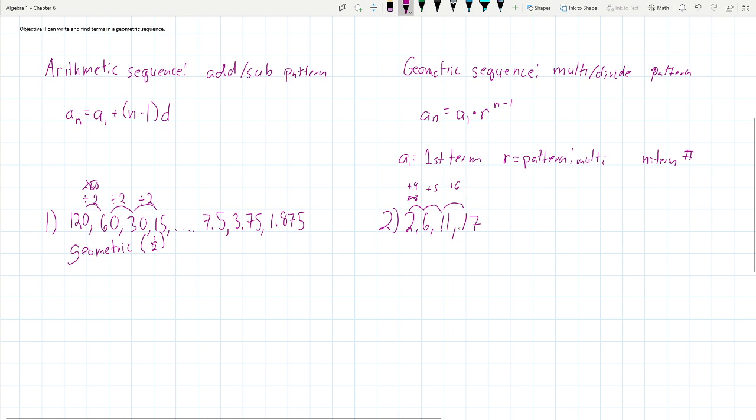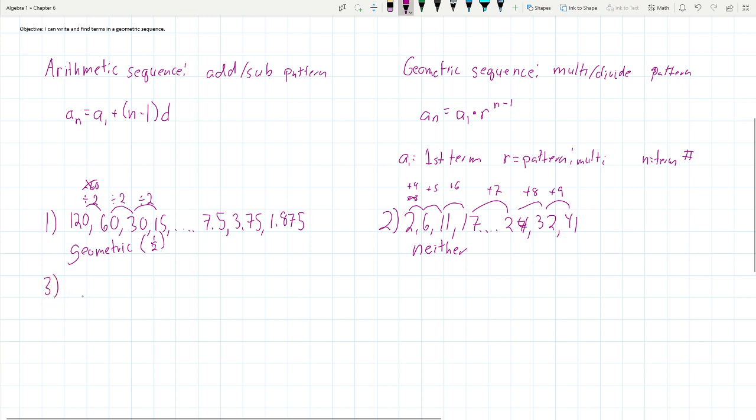We're not adding the same amount each time. And so this is neither. Following the pattern that we do see, we could probably guess that the next one might be 24, because we're adding 7. And the next one we might add 8, so 32. And the next one we add 9, so 41.